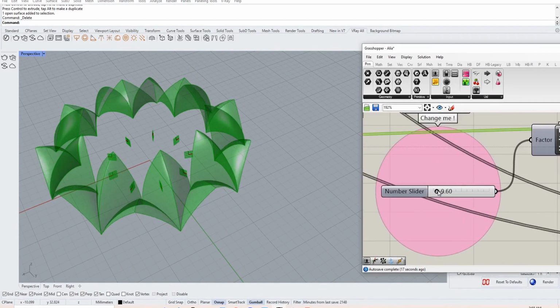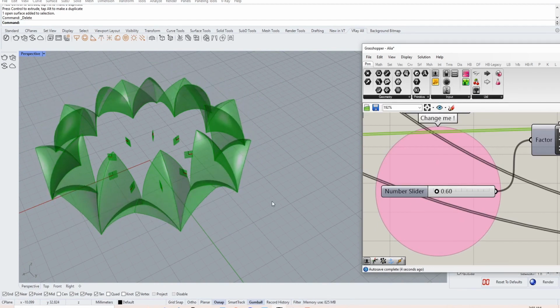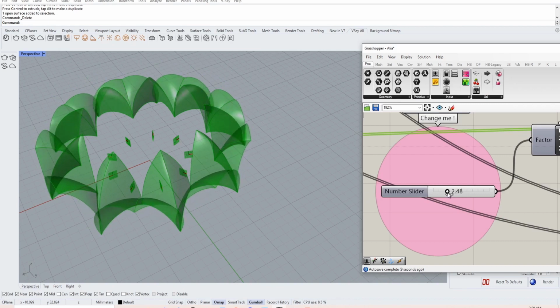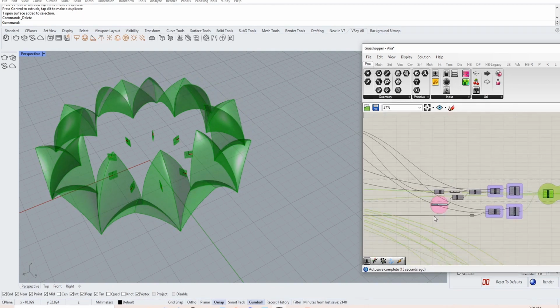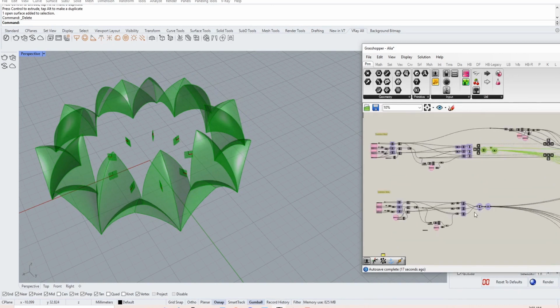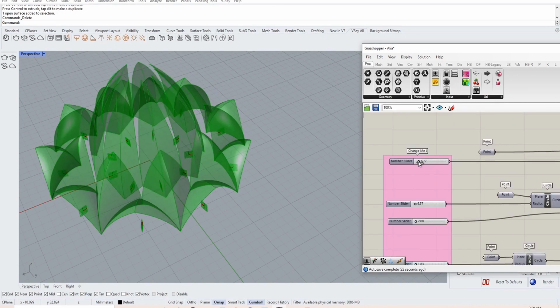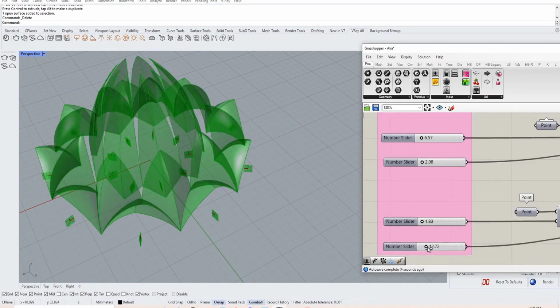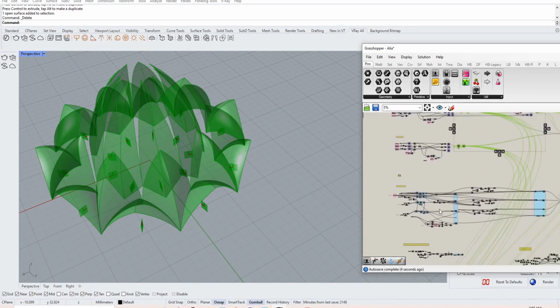We can also change the Z movement of the point that was right here, so we can make them extrude outwards or go back inwards again. And the exact same type of change happens with the inner curve, with the manipulation of the height and radius and so on, that we already used to create it.